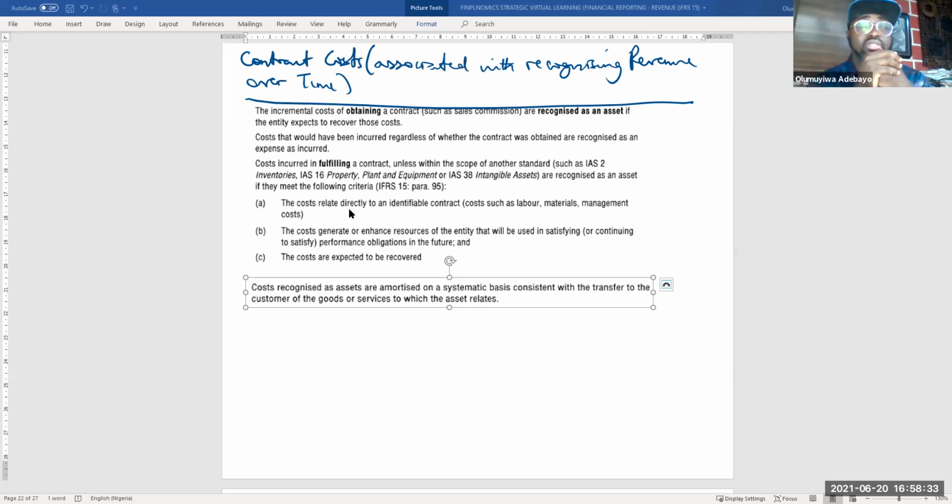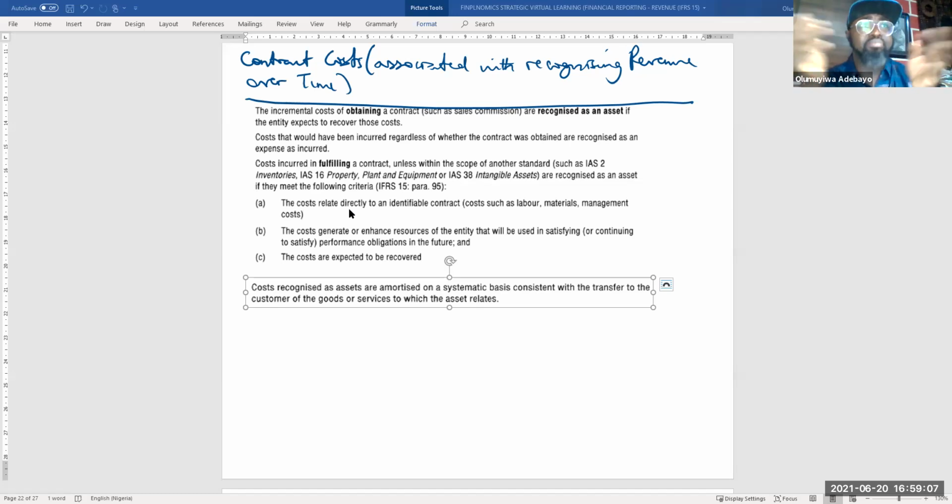There are two methods, the output method and the input method. The output method recognizes revenue on the basis of the value to the customer with respect to the goods and services that have been transferred to it. That methodology includes appraisal value, market value, survey value, depending on what kind of contract is involved.